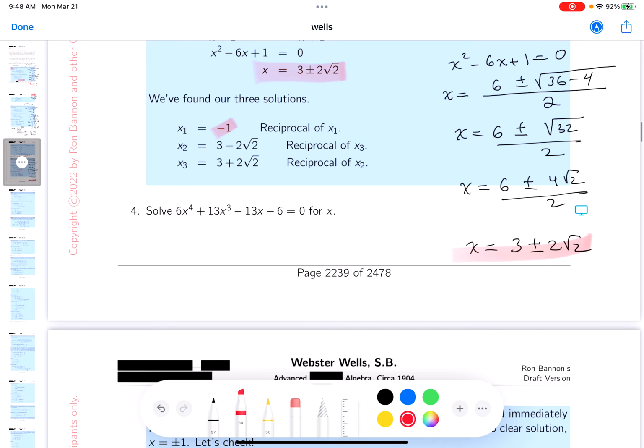let's write this down. Let's write down, x1 is -1. Its reciprocal is also -1. x2, I'm going to claim is a reciprocal of 3 plus 2 root 2.